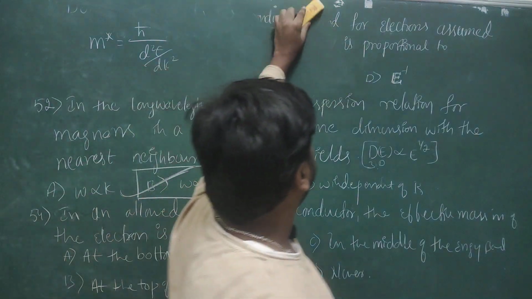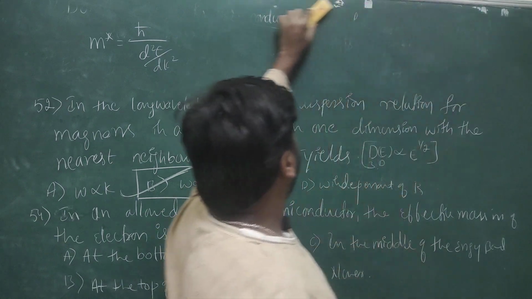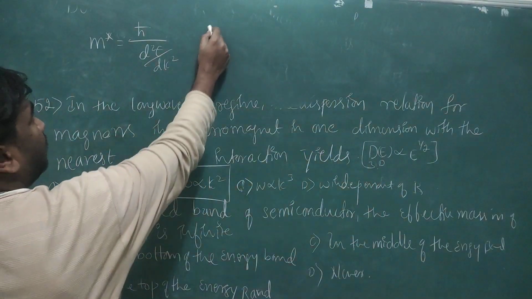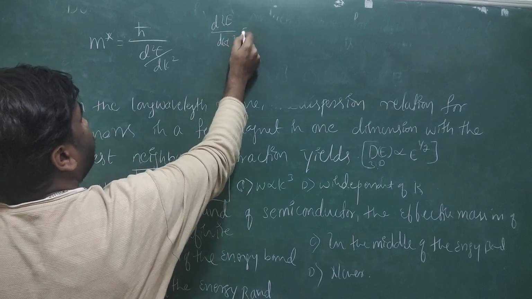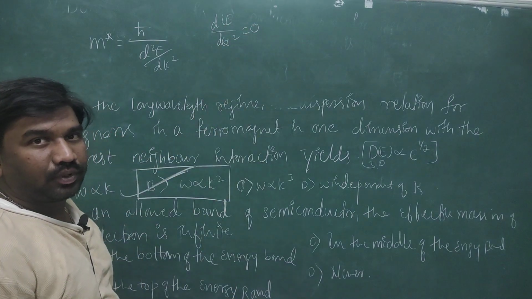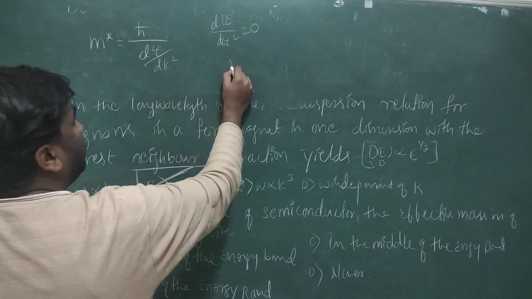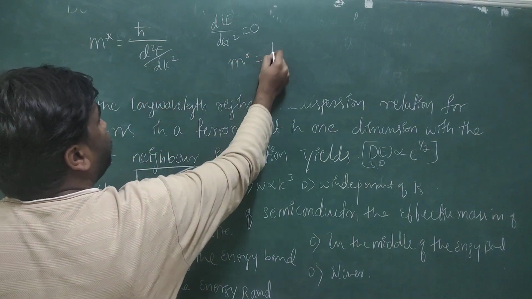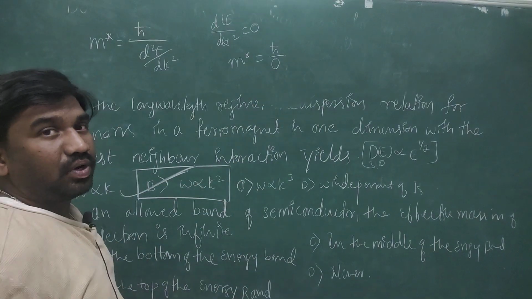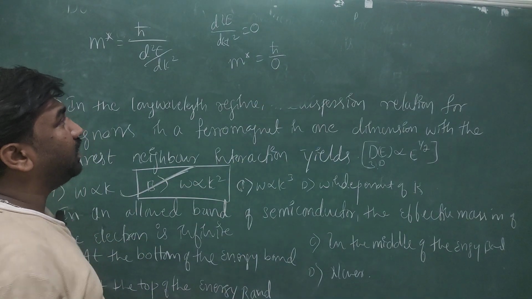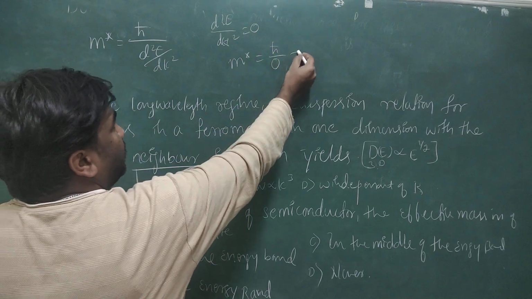And if we take d square E by dk square is equal to 0, then m star is equal to h cross squared divided by 0. So what does it mean? It means it is infinity.